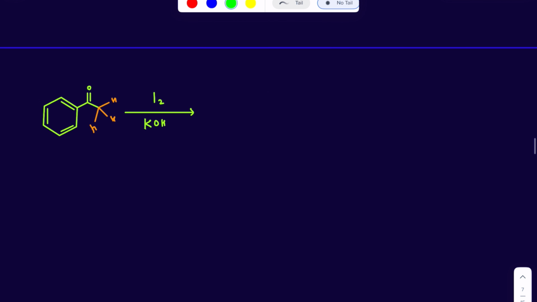So if I go ahead and show the first step here, you remove the first proton to make the enolate here.